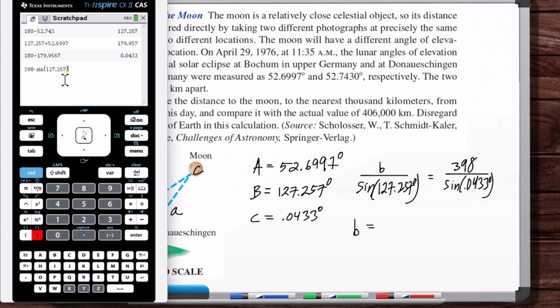There might be even hidden digits here, and if you select it straight from the calculator, it'll carry all of those digits. So 398 times that, and then we divide that by the sine of this 0.0433. And that's going to be in kilometers. So 419,171 kilometers.